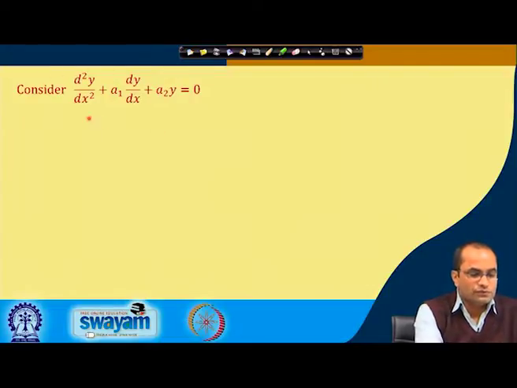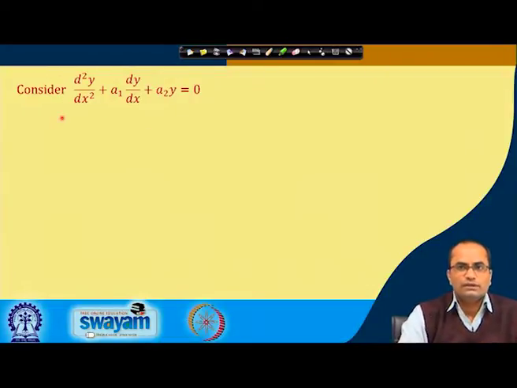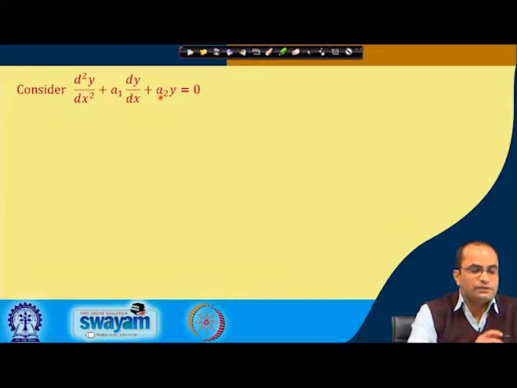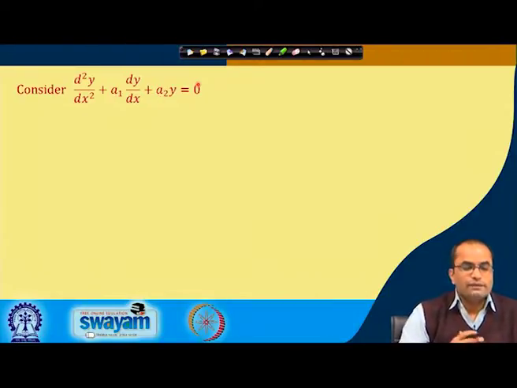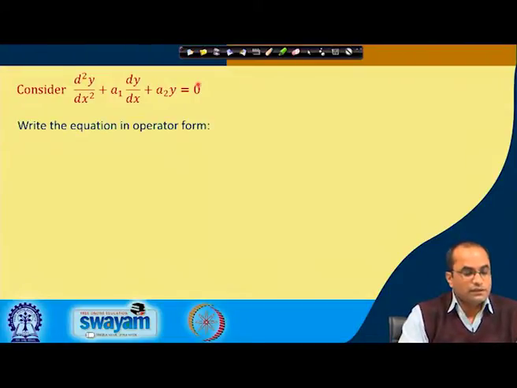So, today we will get to the solution of this differential equation. For simplicity we are considering the second order linear homogeneous differential equation with these two coefficients a1 and a2, and the right hand side is 0. How to get the general solution, the complementary function, of this linear equation?